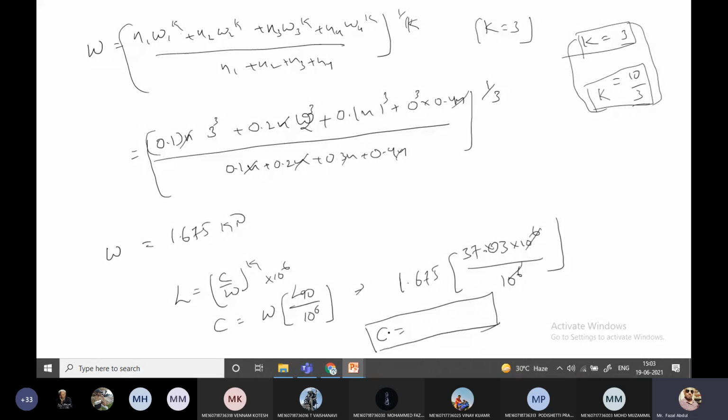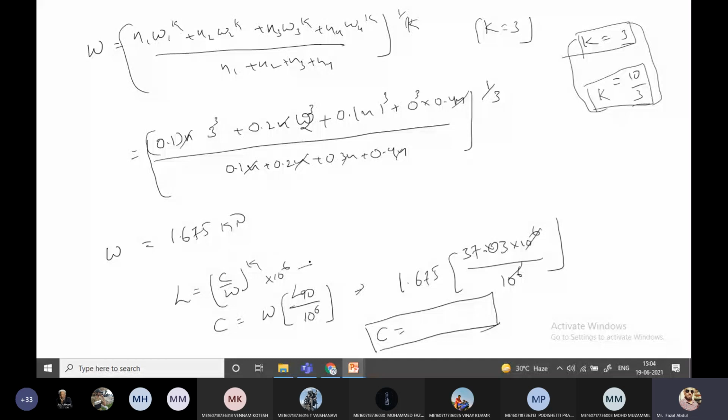First, what we did: as per the reliability equation, the ratio for 90% reliability, with that equation we got the number of revolutions for 90% reliability. Secondly, we calculated the equivalent radial load W. After that, which equation did we select?